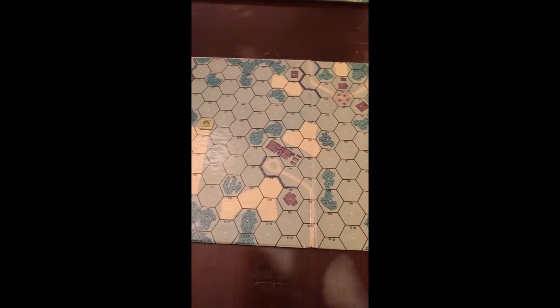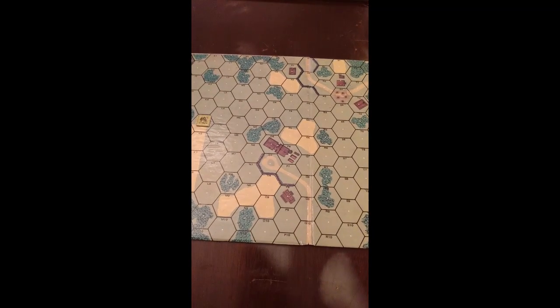So here's our counter. And the instructions we've been given are to only go through hexes that are numbered 5.